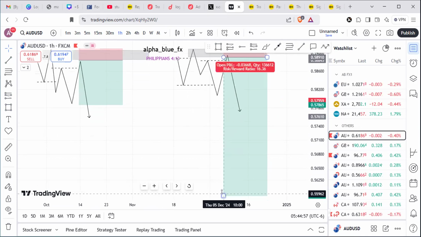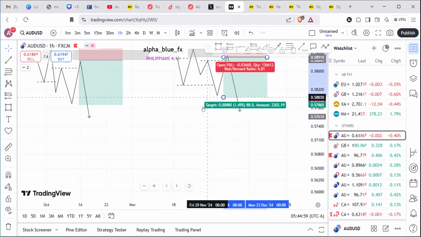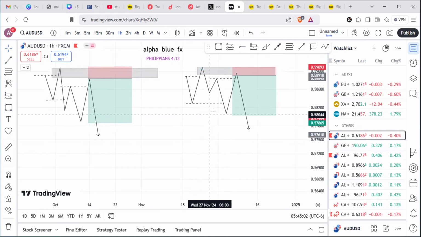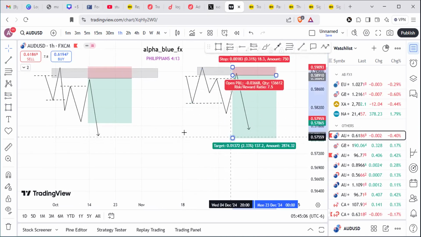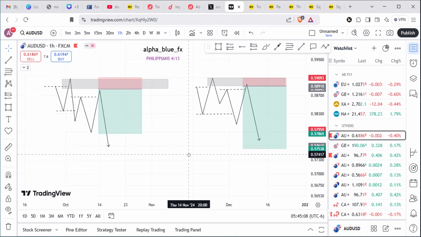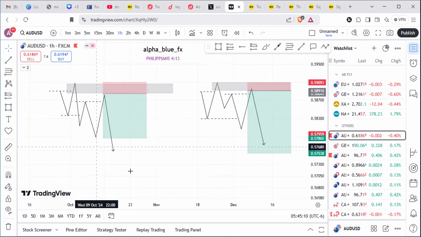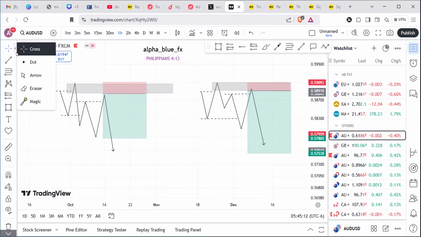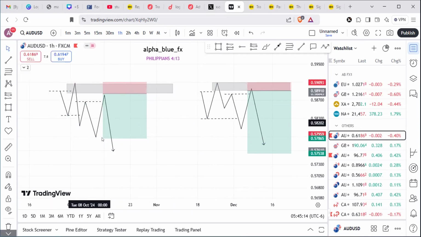Targeting the lows. Yes. So you can either target this low for your take profit or anywhere below, like down here, depending on what the price action is saying, right? So this right here is what I trade. This right here is my strategy.